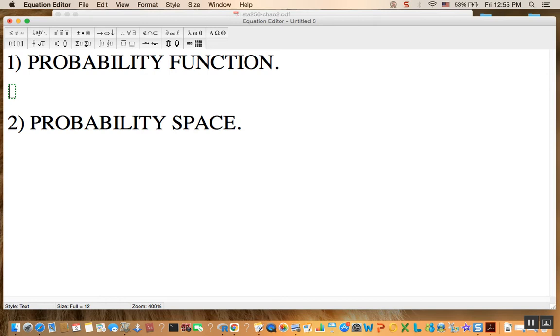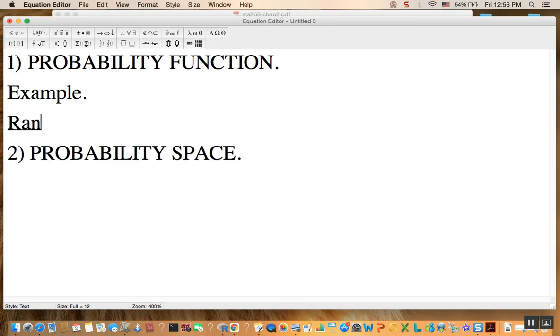Before I give you the formal definition of a probability function, I would like to discuss with you an example that will illustrate that you already know a lot about probability functions. Okay, here we go. Example. So consider the following random experiment.